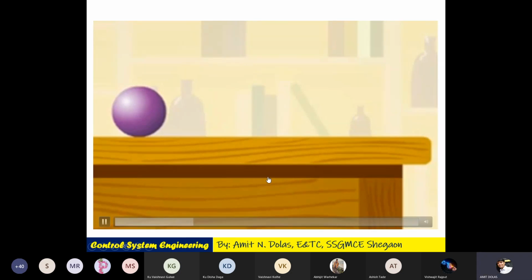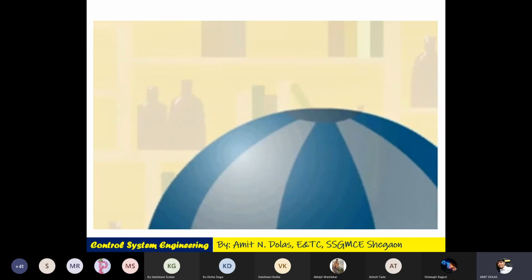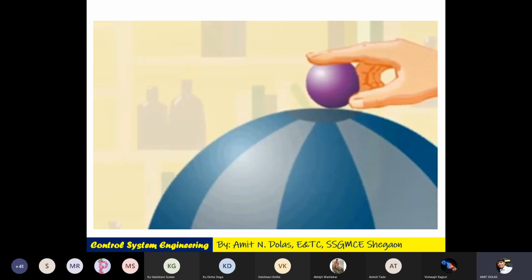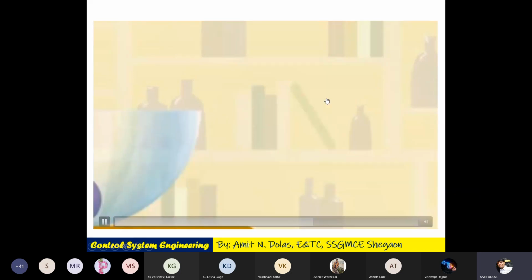You can see there is another example here. A curve is there on which a ball is kept. Later on, we push that ball, it goes out, but does not come to the equilibrium condition. I'll say the center of this curve is nothing but the equilibrium condition.